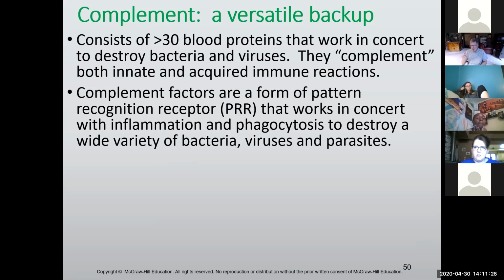And because it's coated, then I can eat it. The macrophage can identify that chocolate-coated bacterium as being something that should be eaten. So that's one way that complement proteins work. They get around the pathogen and coat it, and it makes it easier to recognize as an object that needs to be phagocytized.